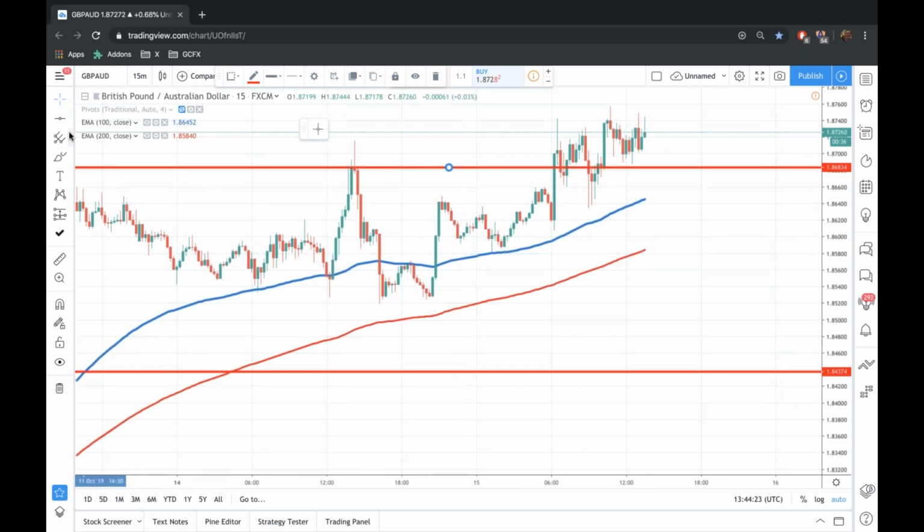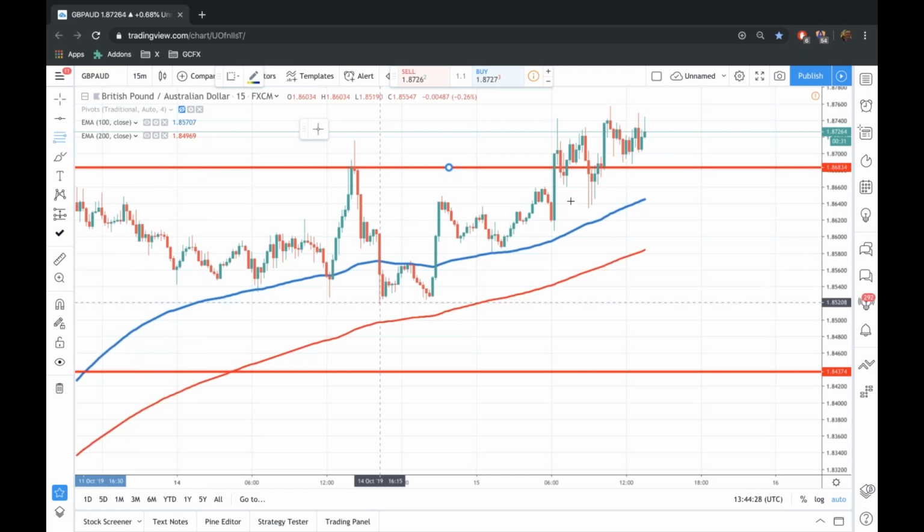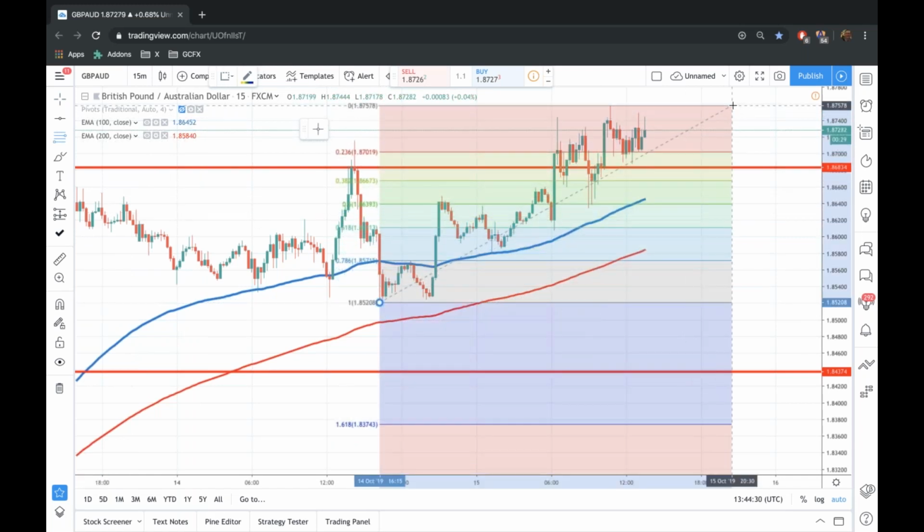So looking at all of that, just draw a fib retracement in as well. Looking at those levels, you can see this region up here, you expect to find buyers, and this region down here, the 61.50, so anywhere around there, expect to find buyers as well.